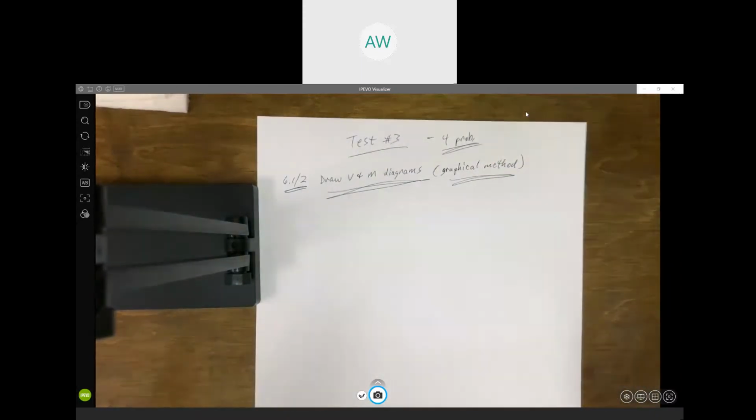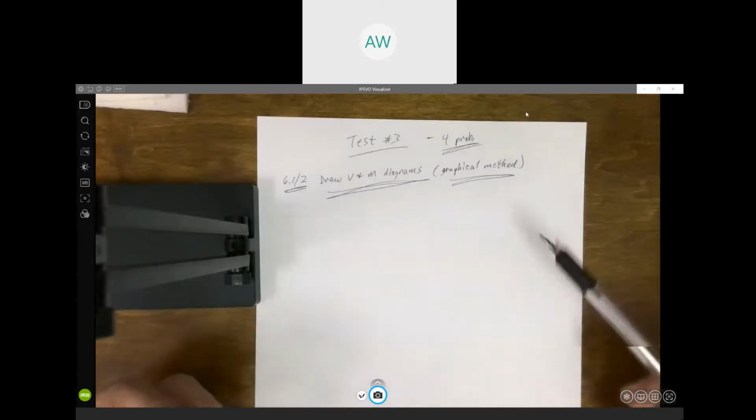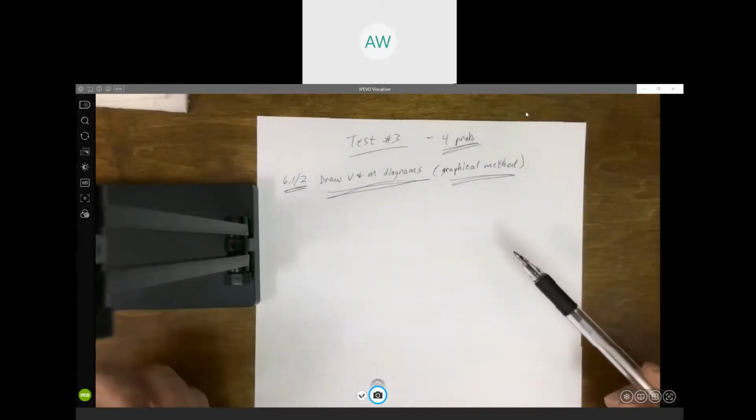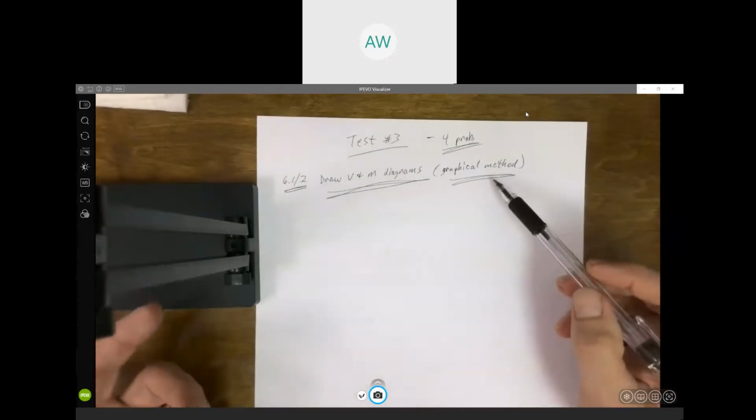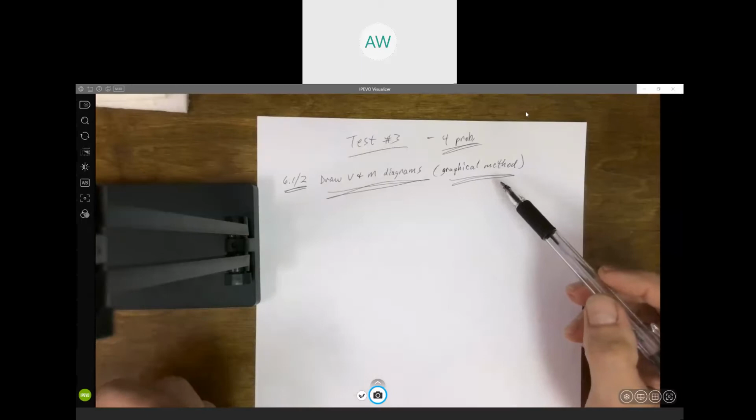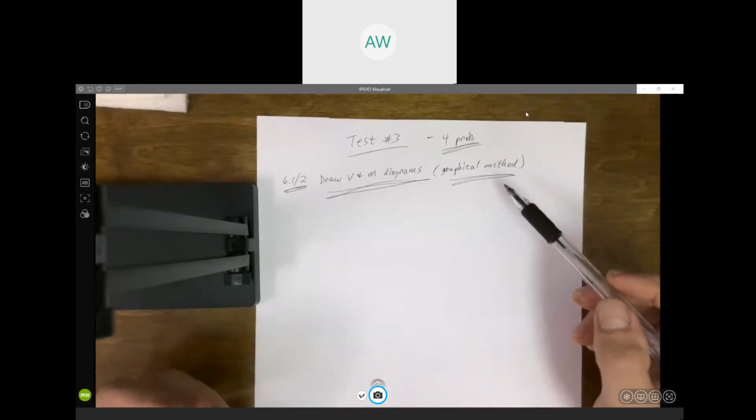If you try to cut the beam and get the equations for V and M, I can tell you, you're not going to have time to do all 4 problems. But it's not necessary. We can do it a lot quicker and easier using those graphical methods. That's what I want you to do on the test Monday.